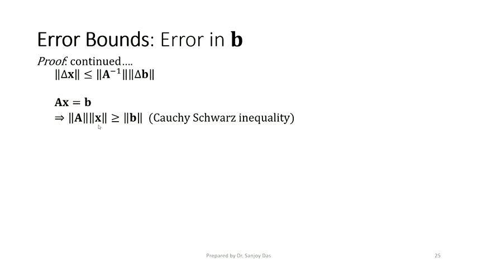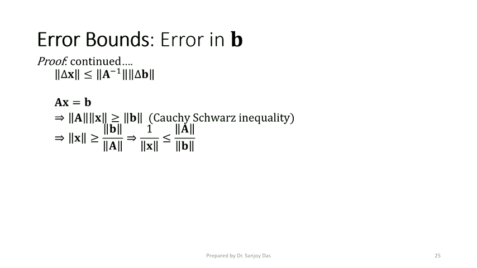So norm of A times norm of x is greater than or equal to norm of B. Or, norm of x is greater than or equal to norm of B over norm of A, which implies that 1 over norm of x is less than or equal to norm of A over norm of B.